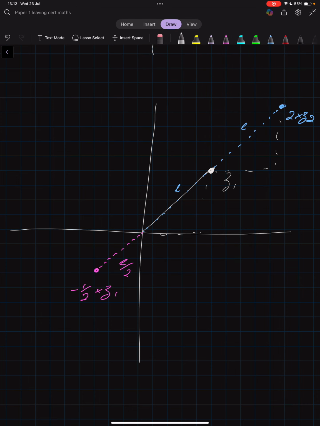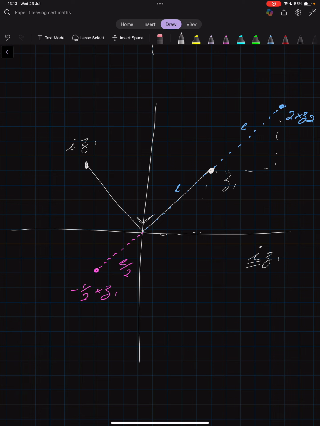Now, if I do i times Z1, this is a very important one. If you have i times it, then what happens is it just rotates 90 degrees. I'll explain this later when we're doing De Moivre's theorem.